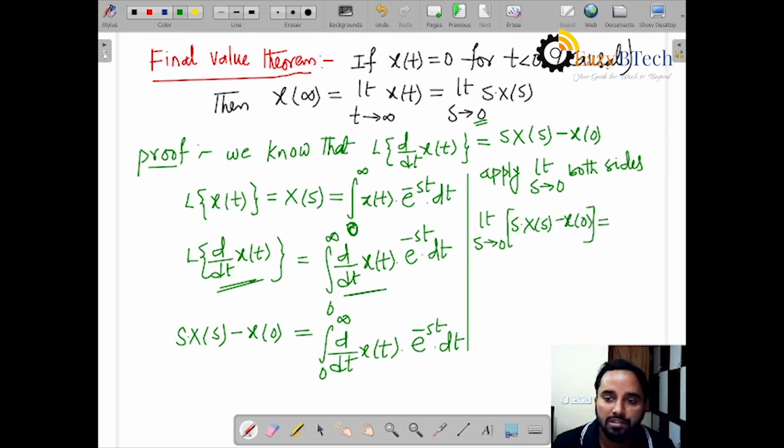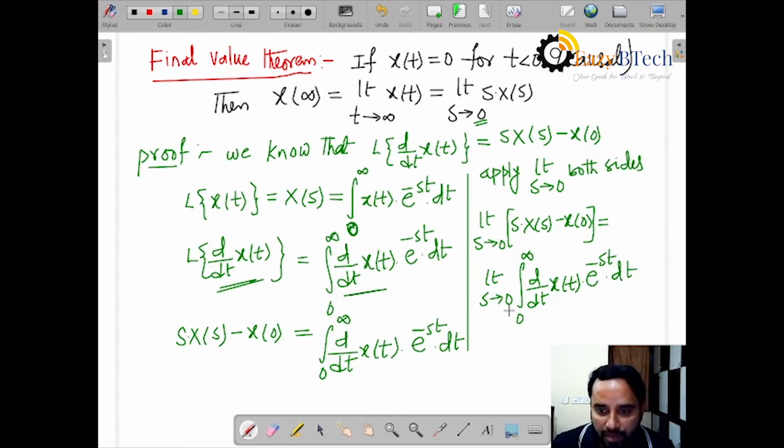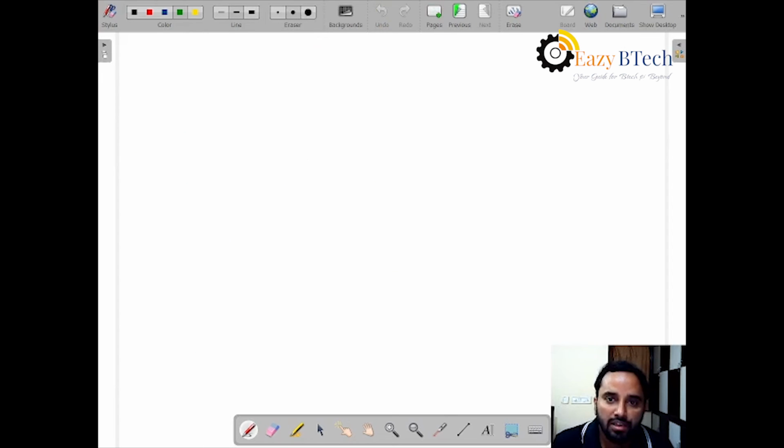On the right side also, the same limit s tends to 0 and the integral from 0 to infinity of d by dt of x of t into e power minus st dt. If you apply limit s tends to 0, e power minus 0 becomes 1.